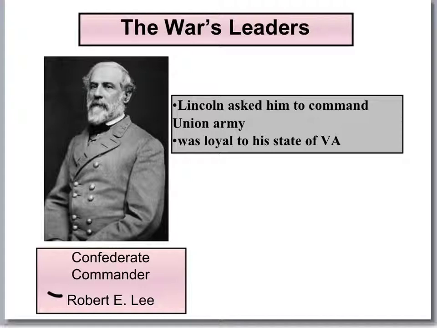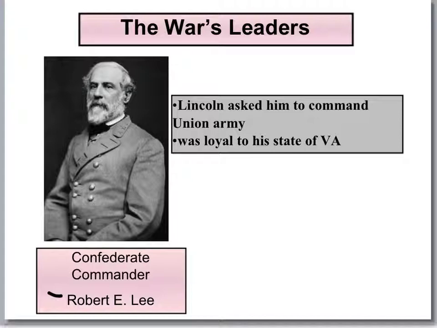He is from Virginia, okay? He had done well in the Mexican War. By the way, when he graduated from West Point, he is selected to the engineering department, so the Corps of Engineers. He is a master of building fortifications and looking at the battlefield, knowing where the advantages are, and he's going to use those quite a bit.